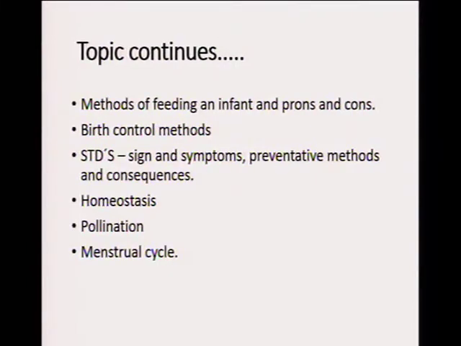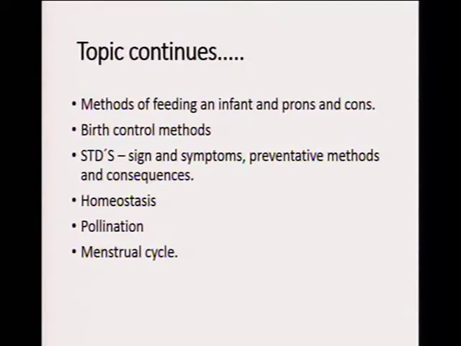Birth control methods, there are quite different methods there. We start from natural, mechanical, chemical, and surgical methods. You have seen in your book a table that classifies the different birth control methods, with examples of natural, chemical, mechanical, as well as surgical methods.